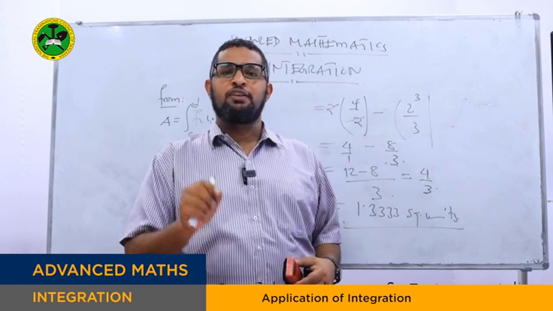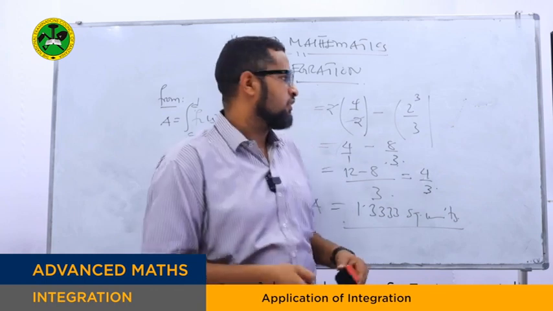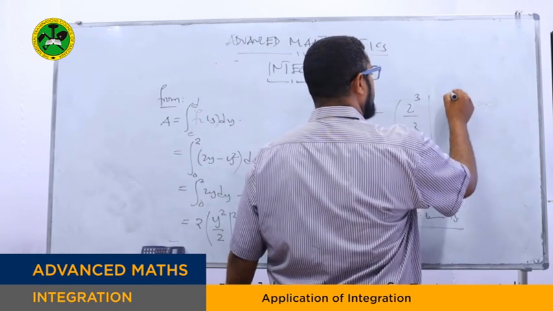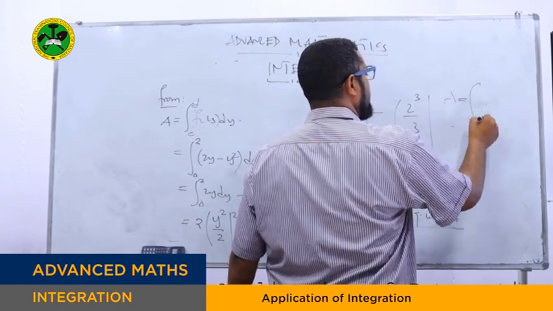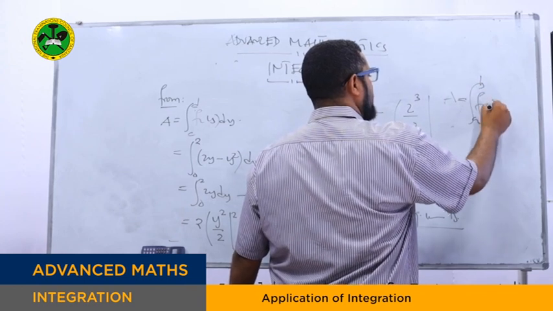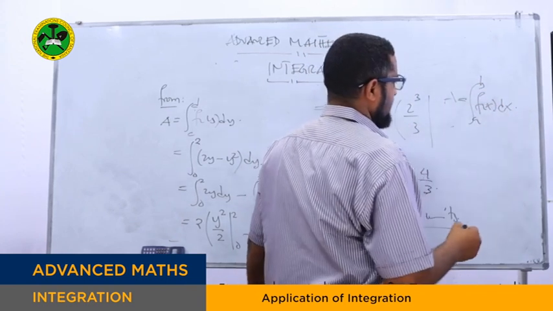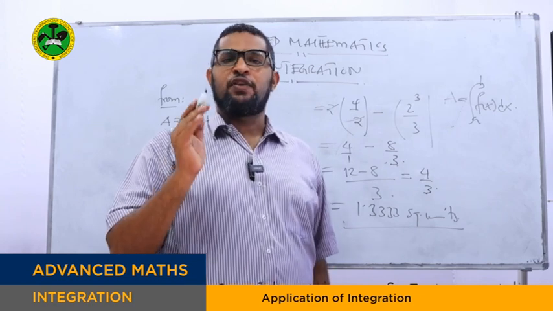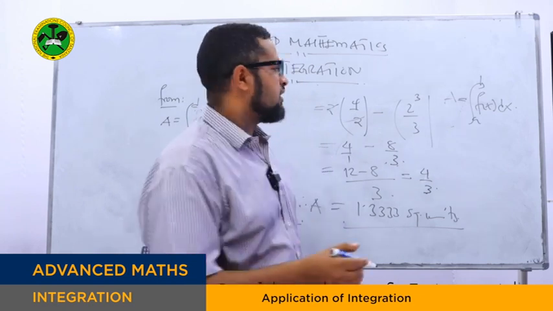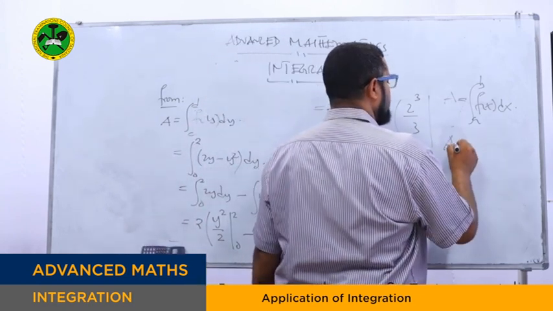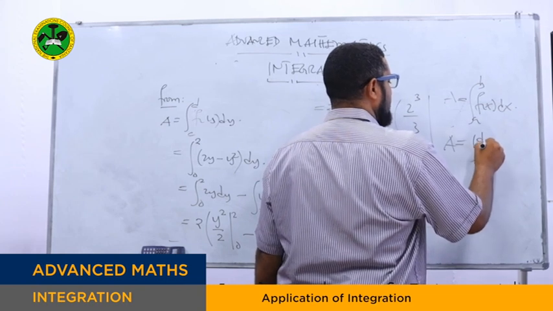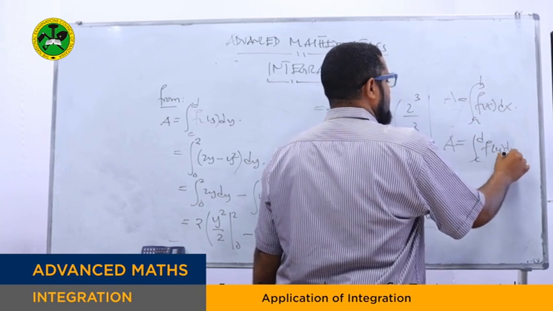If it's drawn against the x-axis or the horizontal axis, the formula that is supposed to be used is the area from A to B, f of x dx. But if it's against the vertical axis or the y-axis, the formula to be used is from C to D, f of y dy.